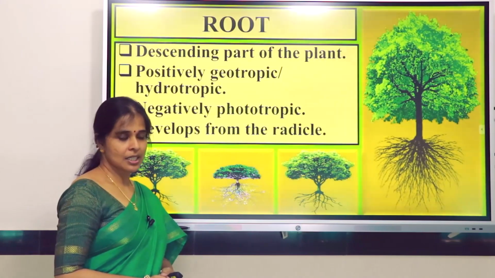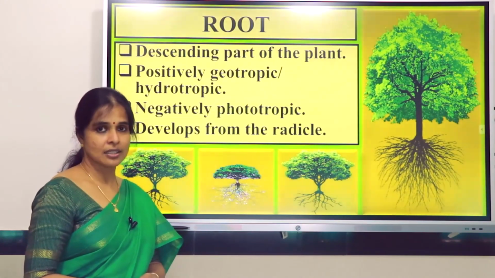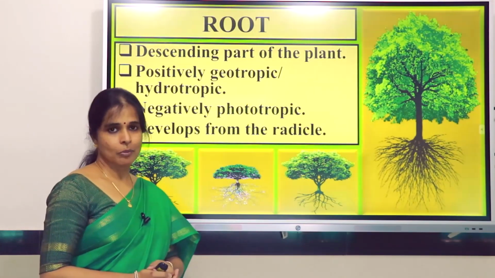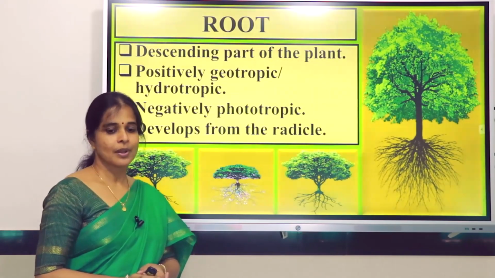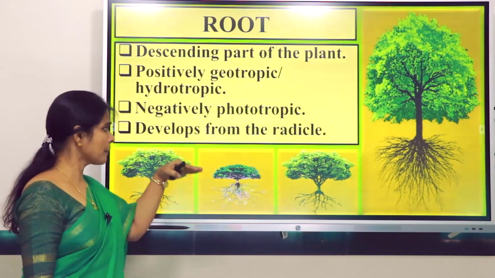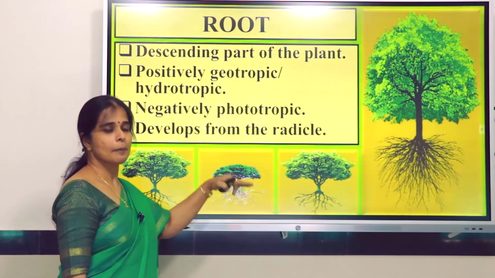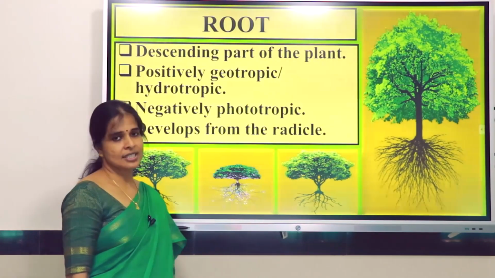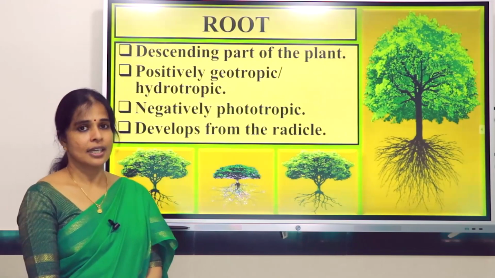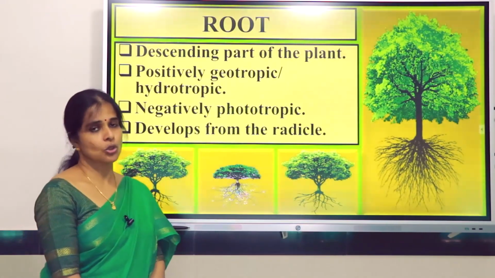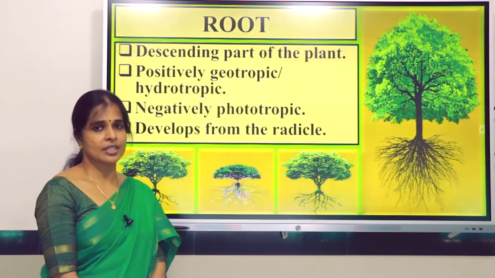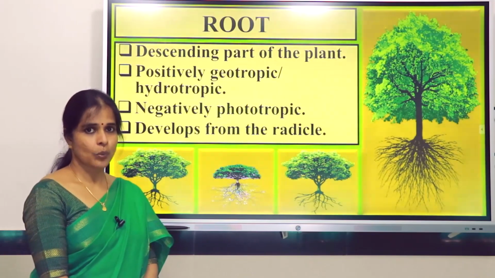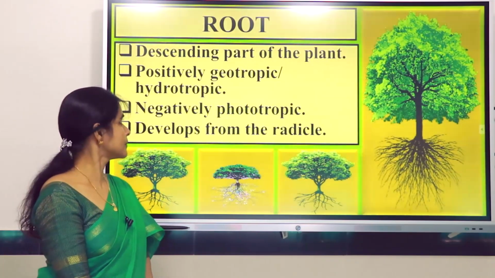Root is a part which is normally seen under the ground, and the parts of a plant are divided into two: the part which is seen under the soil, and the part which is seen above the soil, the aerial part. The part under the soil we call the root system, and the part above the soil the shoot system. Now, let us begin with the root system, the root.